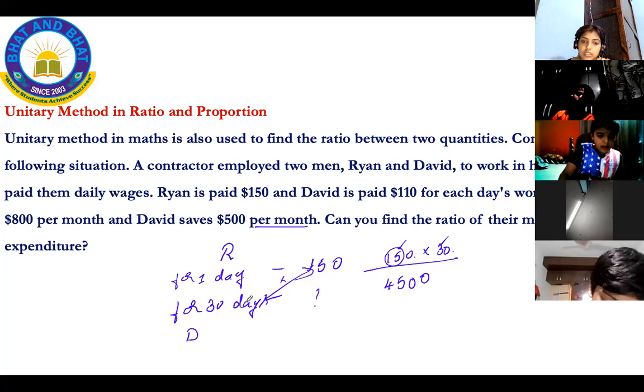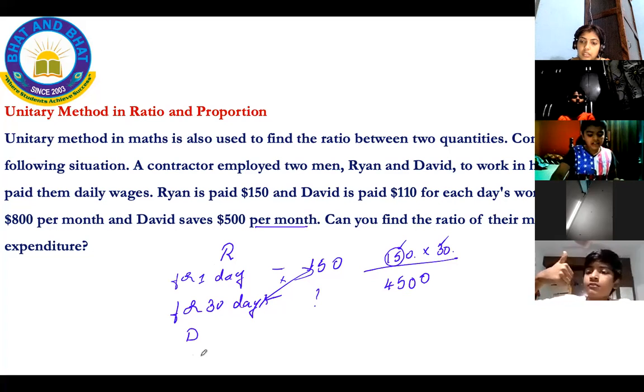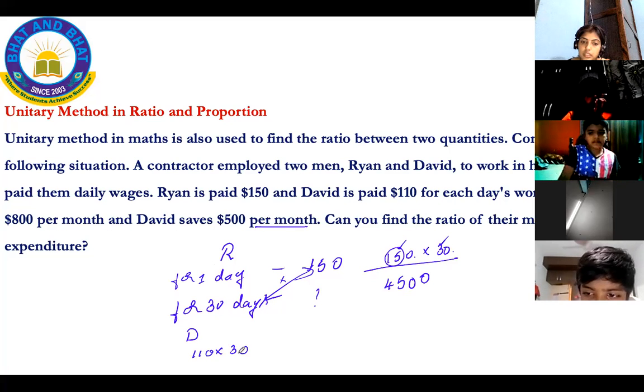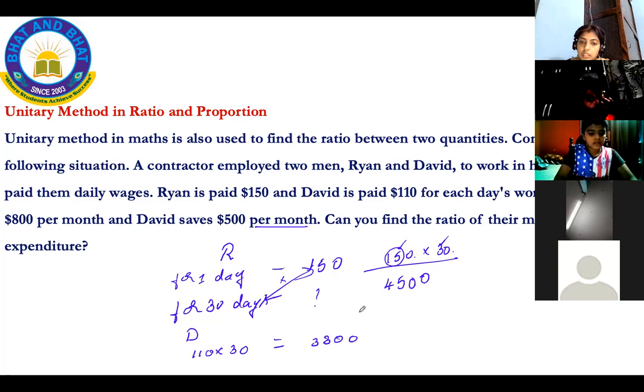So in the same way for David, if you calculate, 110 into 30, how much will you get? 3,300. So now Ryan got 4,500 per month and David got 3,300 per month.